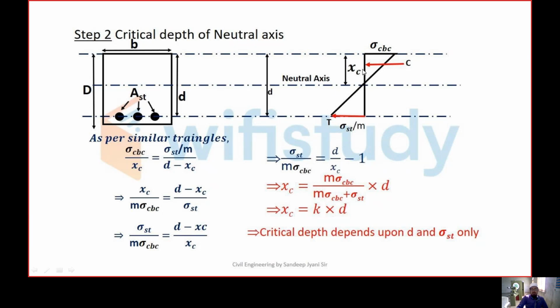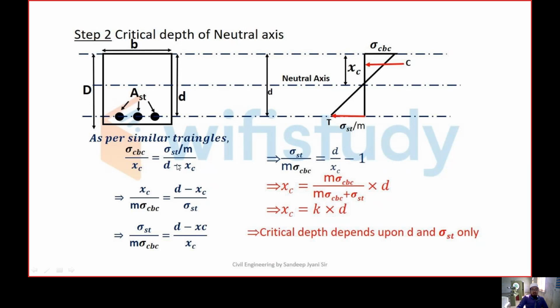From the properties of similar triangles, what happens? Horizontal length by vertical length is equal to horizontal length by vertical length. Likewise we can write this formula, and from it the equation comes in the next step. If you send the xc to the right side, it goes in the numerator, sigma cbc goes in the denominator, and m is multiplied to this denominator.